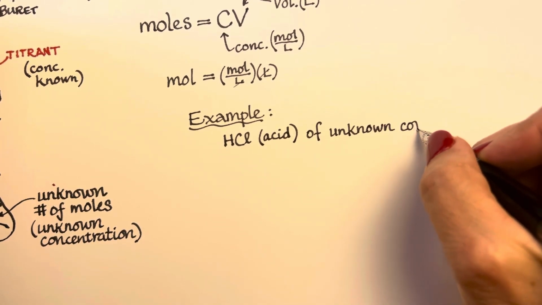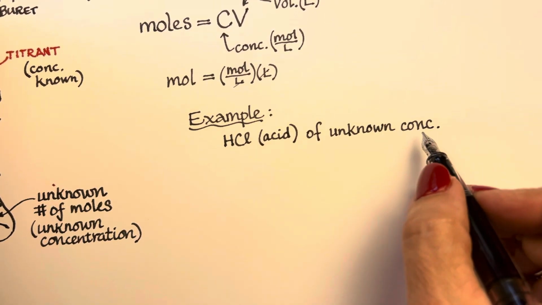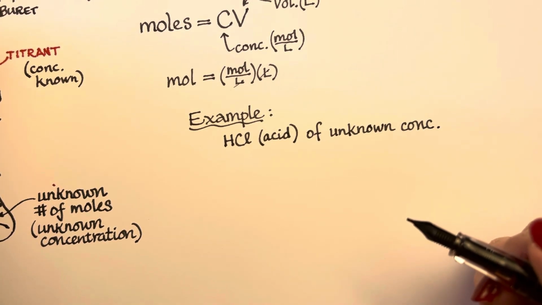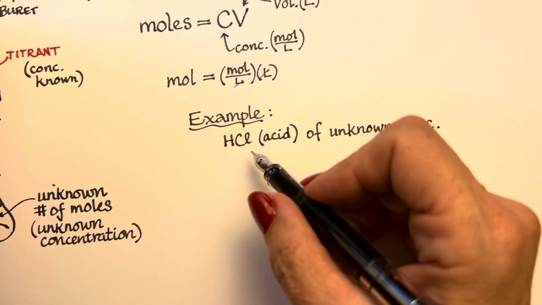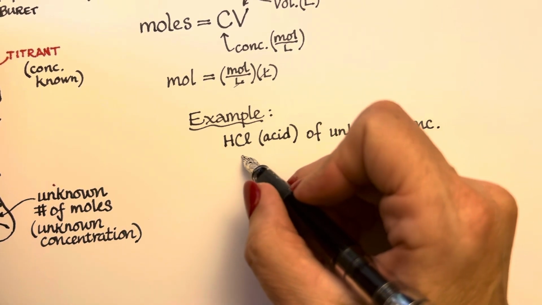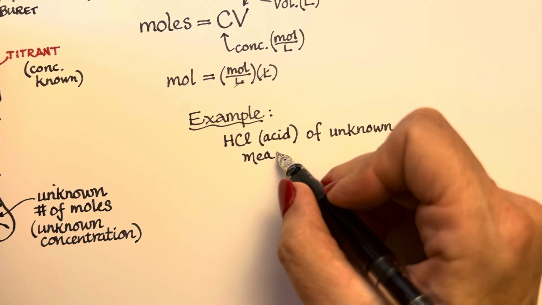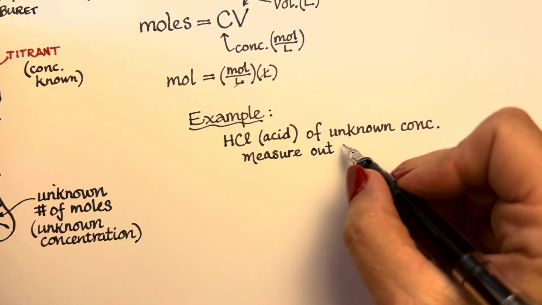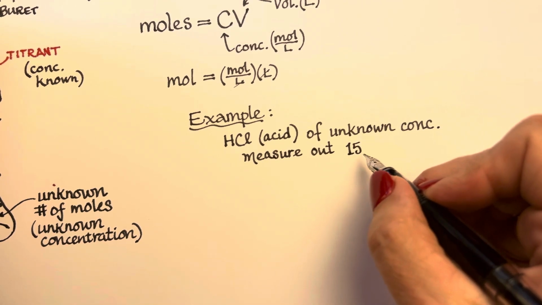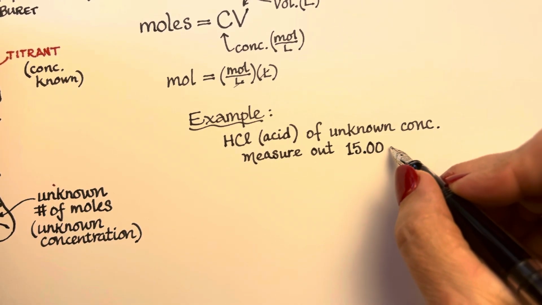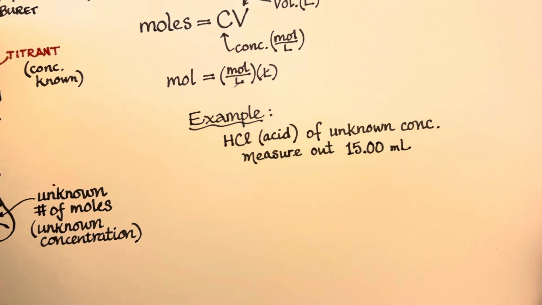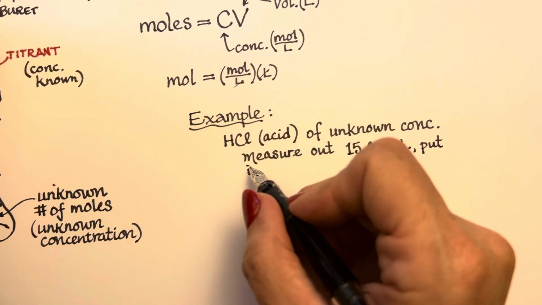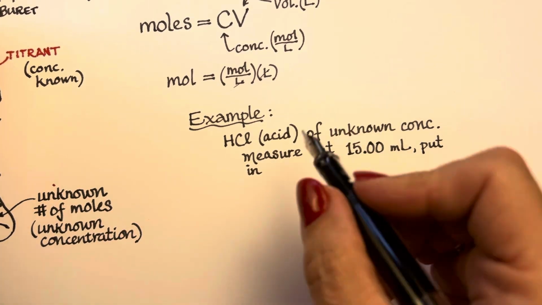So that's our goal, is we want to determine what it is. We measure out, let's say, 15.00 milliliters. Okay, and then we put it in the flask, our Erlenmeyer flask that I drew.